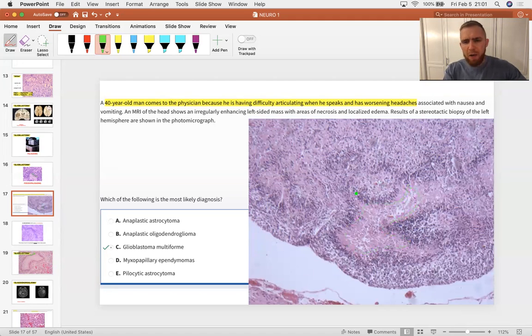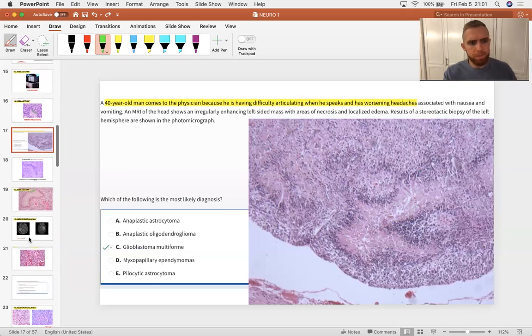And then around the necrosis, I see a lot of nuclei arranged so that they're kind of side by side, single file next to one another. So that's a pseudopalisading histology, classic for glioblastoma multiforme. That's exactly how that question gets asked.